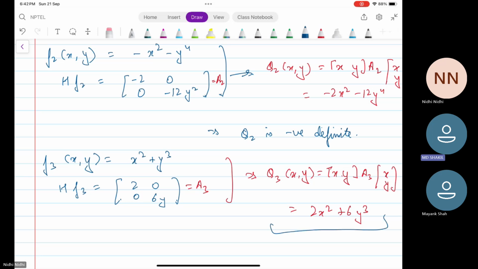So this will be a saddle point. Yes, it was a saddle point in this case. Basically this quadratic form is indefinite because it can take positive, negative, as well as zero values at points other than 0.